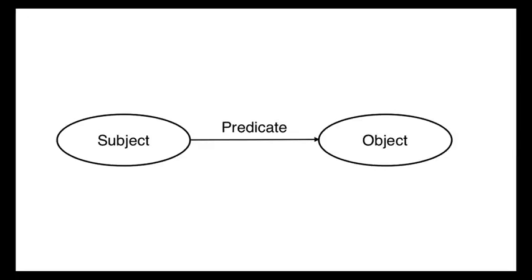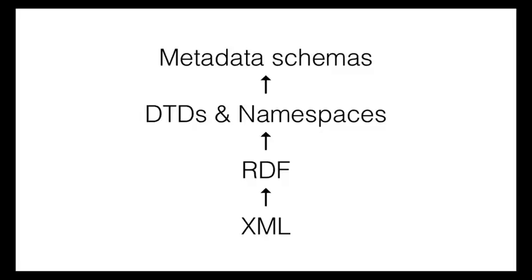RDF is made up of triples, subject, predicate, object, and those triples allow you to make statements about objects. The entire point of a metadata schema, of course, is to enable you to make certain kinds of statements about objects. And here's the chain of technology that makes that possible, right?